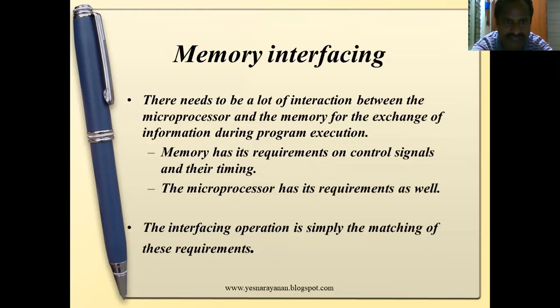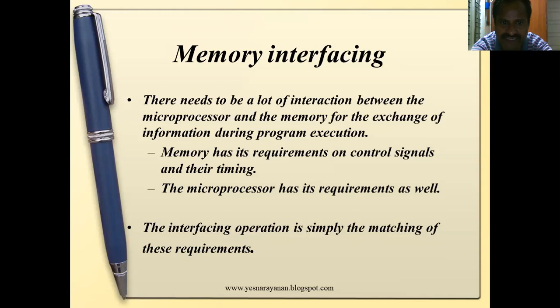Memory interfacing. There needs to be a lot of interaction between the microprocessor and the memory for the exchange of information during program execution. Memory has its requirements on control signals and their timing. The microprocessor has its requirements as well.